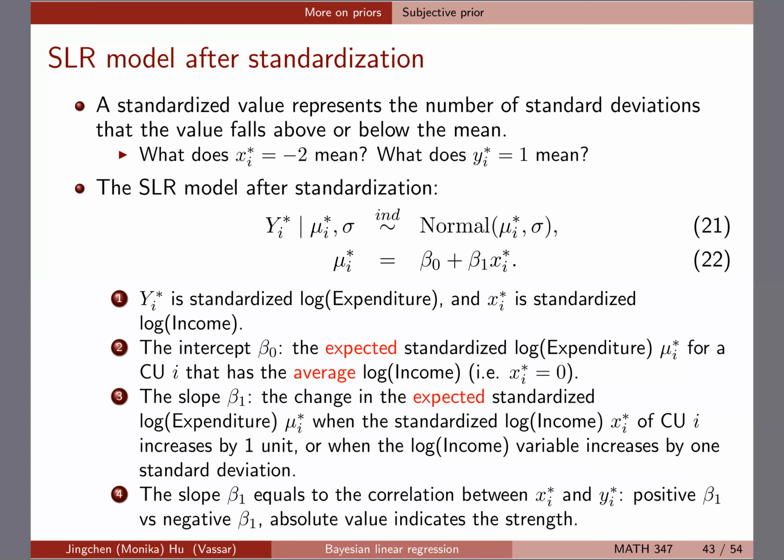If you have a strong opinion about, once you standardize, say the average log income, what you would expect the standardized log expenditure to be, you can express that in your prior distribution for beta 0. And for the slope as well, if I have a very strong opinion about the correlation between the two variables, then I can express that in the prior distribution of beta 1. So let me just give you a demo.